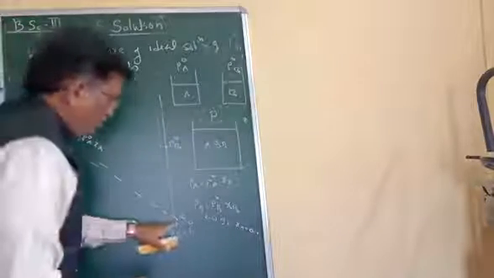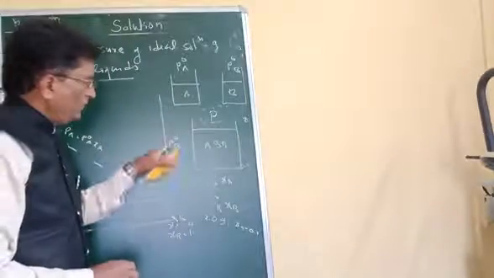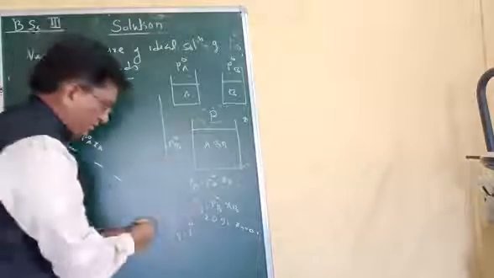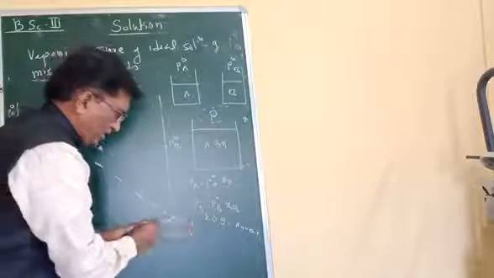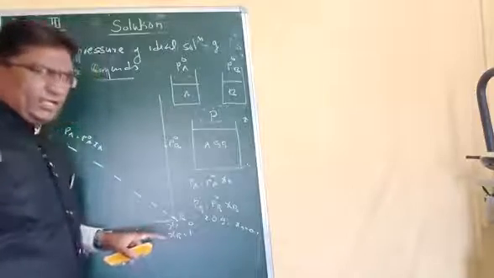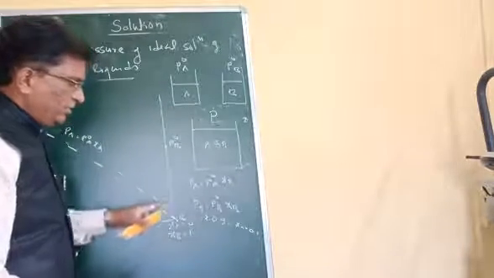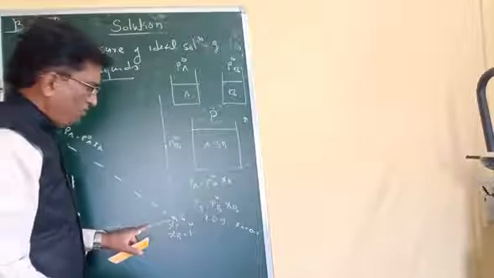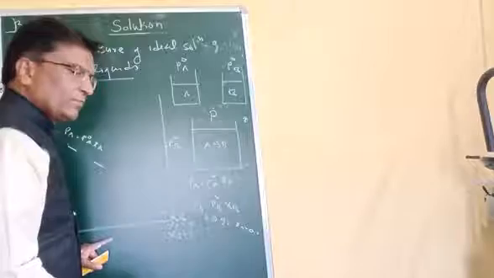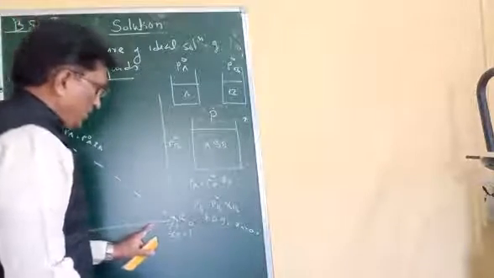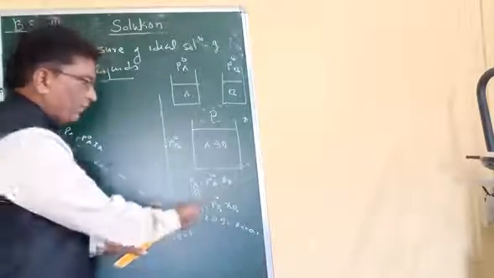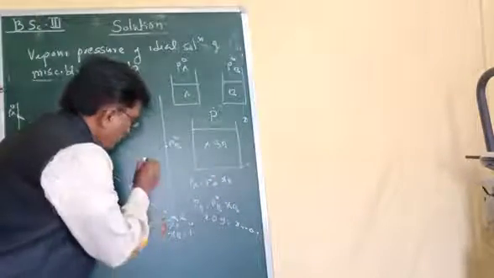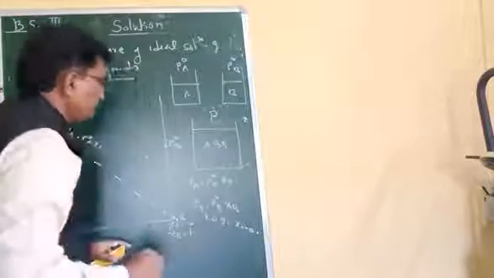Now if you consider pure B, the vapor pressure of pure B is P0B, and if we add component A, then suppose 0.1 is the mole fraction of A in that particular solution, the mole fraction of B will be 0.9, and this will be the composition on the composition axis. And if we determine the partial pressure of B with the help of the Raoult's law equation, it comes to be here.